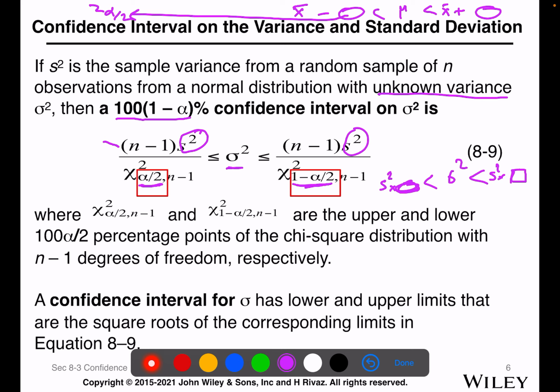So that's a very key difference compared to the confidence interval for the mean. So these are completely different than before. Don't worry if nothing makes sense. We will do an example, and hopefully this equation will start to make sense.